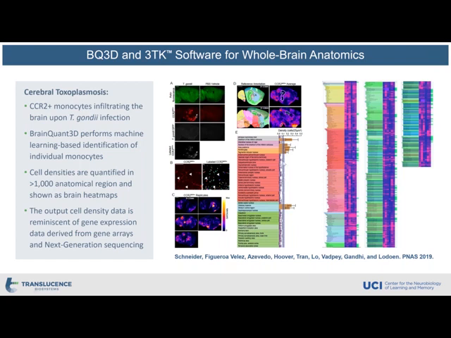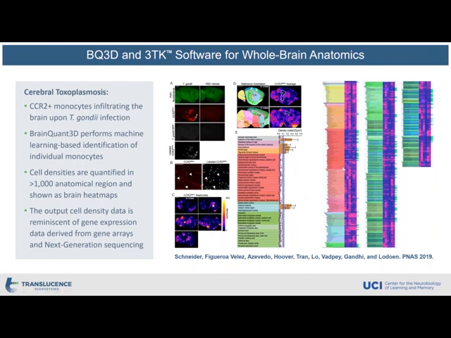And the gray bar here indicates the shuffle corrected estimate for by chance densities. You can see that most areas actually fall below the by chance levels, suggesting that some regions are not vulnerable to the monocyte infiltration, where other regions are. And we found this pretty interesting and surprising.